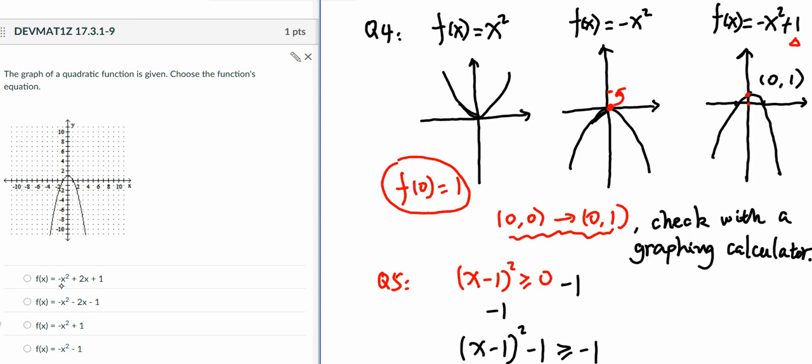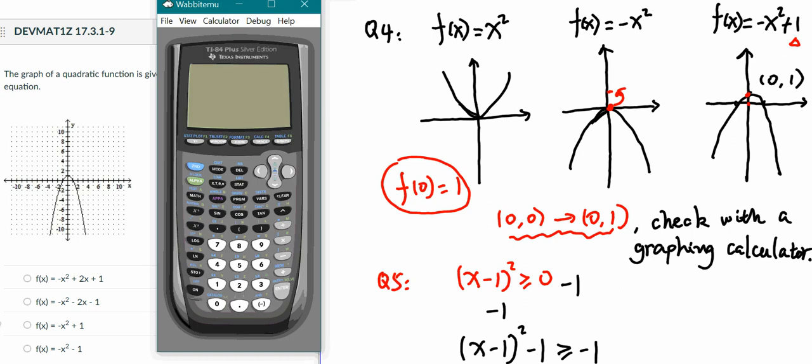Then you may wonder, why not this one? Because you plug in 0 here, you still get +1. You see -0 squared is 0. 2 times 0 is 0. You still get +1. But why not this one? This one involves the horizontal shifting. That's why you may use your calculator.